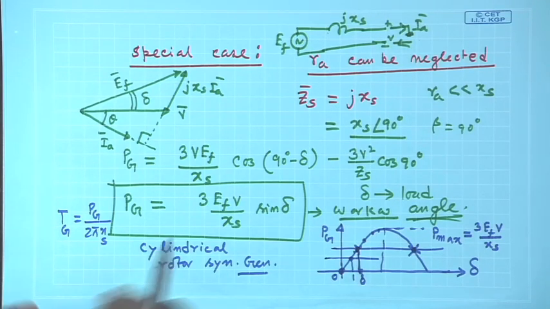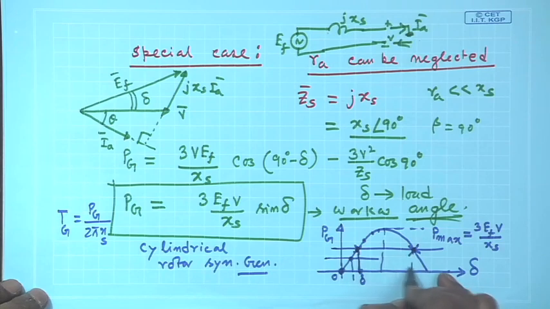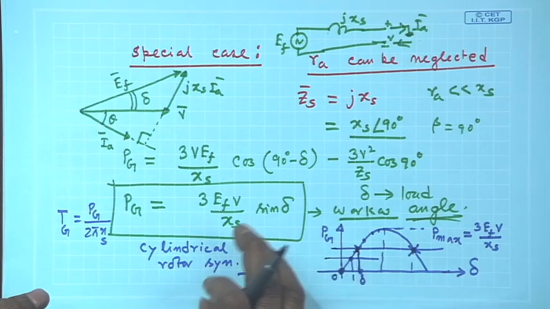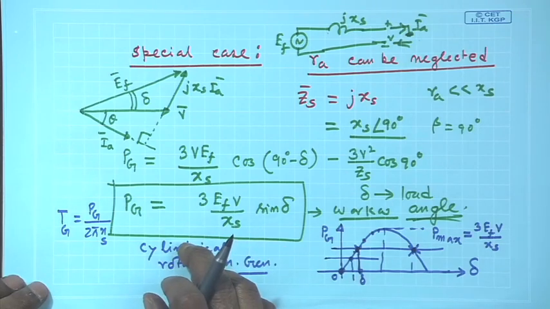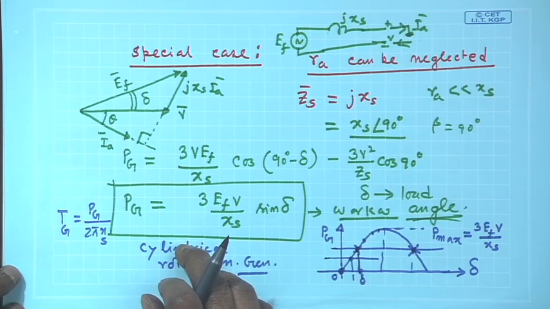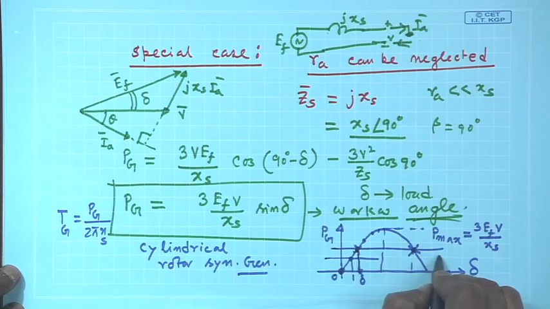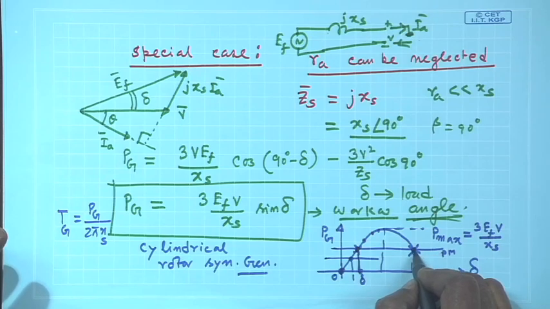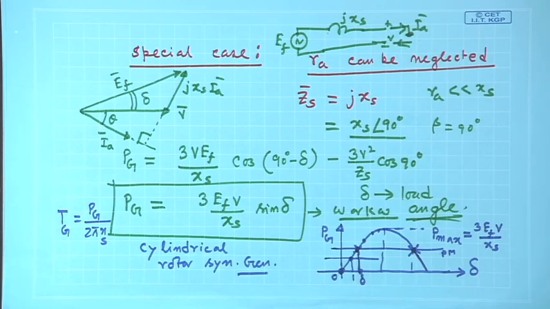Why? Because of a slight disturbance around this point in delta: suppose the rotor advances a bit, you will find that this is the prime mover torque. The torque will decelerate the machine, and it will come to a stop.